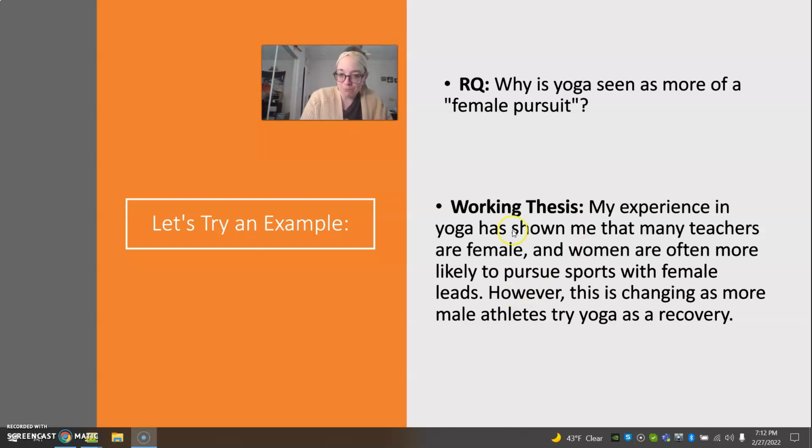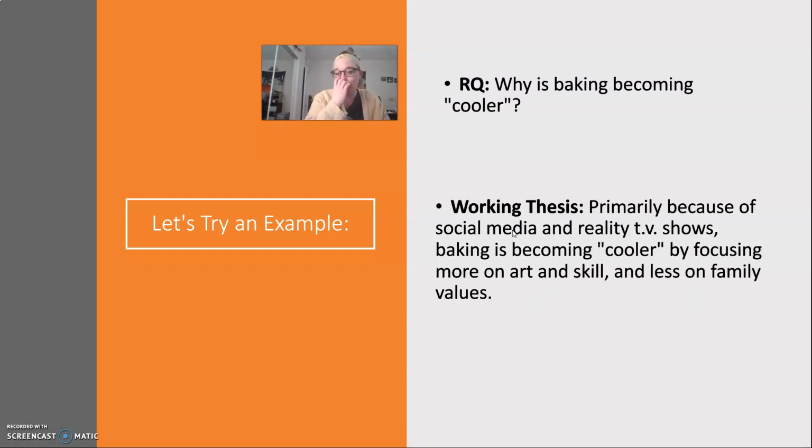So another example, what if I was looking at why baking is becoming cooler? And this is something I've also noticed. I feel like I've enjoyed baking for most of my adult life, but I'm definitely noticing it becoming more popular just in like mainstream. So I found that baking is becoming cooler primarily because of social media and reality TV shows, and that these focus more on baking as an art and less about baking as a sort of family value.